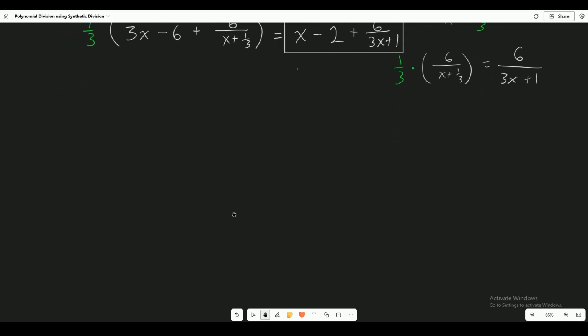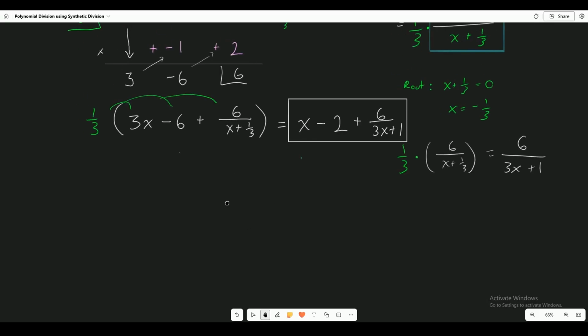So let's do another example. I have two more examples for you guys regarding synthetic division. I have the following. What number are we on now? Number 5. Right, number 5. We have x cubed. Let me zoom in. I'm too zoomed out.